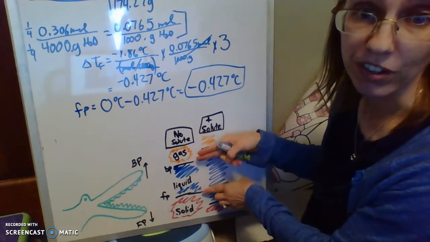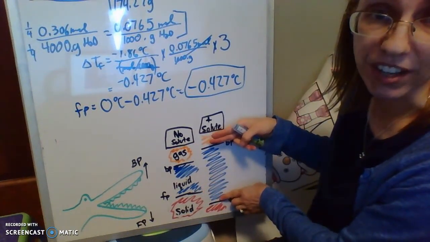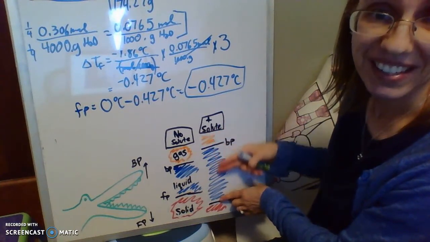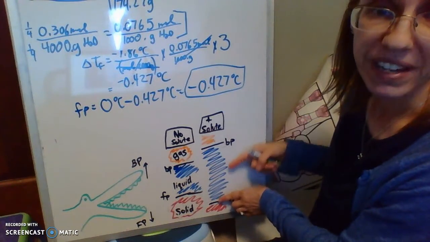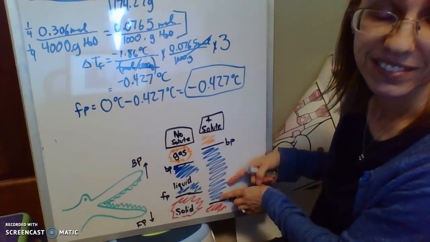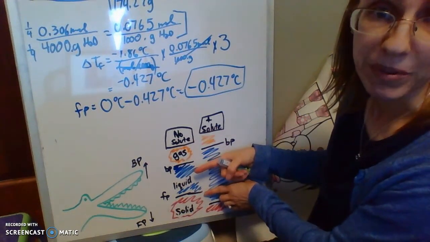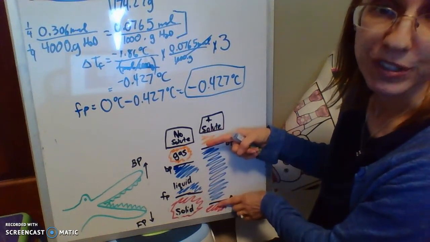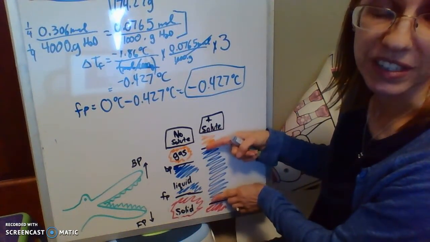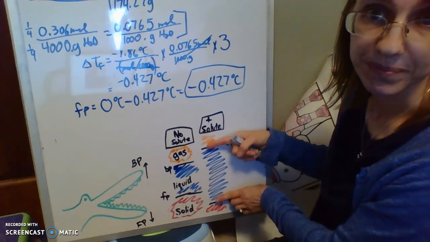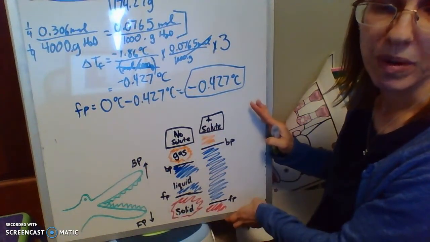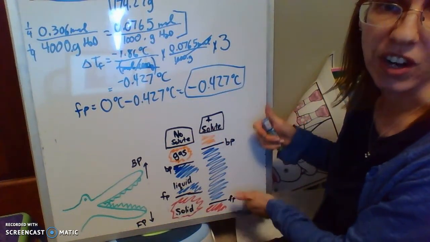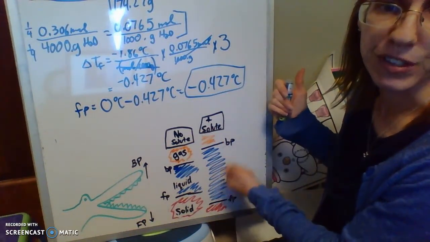So both of these are going to go further away from each other so that we have it in liquid state longer. So adding a solute really benefits that liquid state. So that's another way you can remember that boiling point goes up, freezing point goes down, because you're trying to keep it in liquid state longer. Okay? So use those to help you remember which way the trends are for boiling point elevation, freezing point depression.